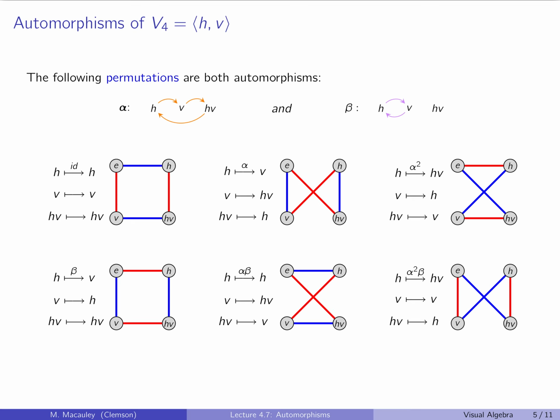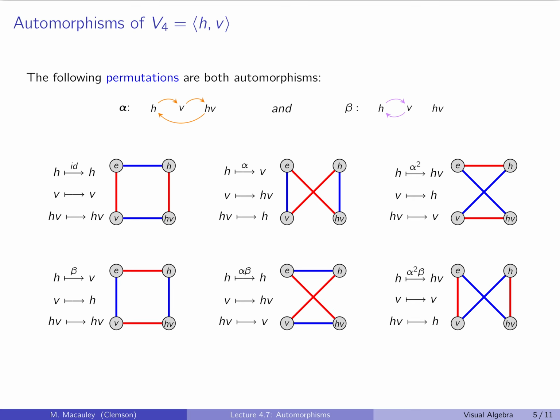If we apply alpha, that means that the H path will turn into the V path, so this blue arrow, instead of going to H, will go to V. The V path will be rewired to HV, so the red path will go to HV. And then notice that the HV path, which is blue-red or red-blue, will be turned into the H path. So if you go blue-red, that takes you to H.